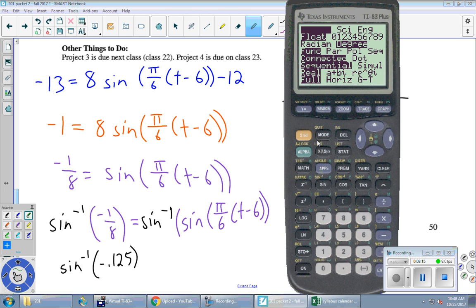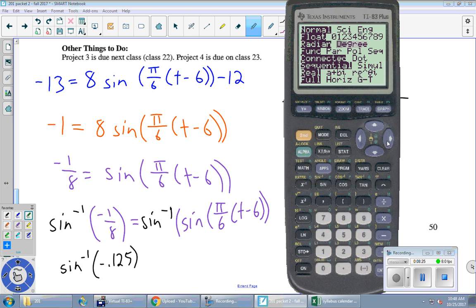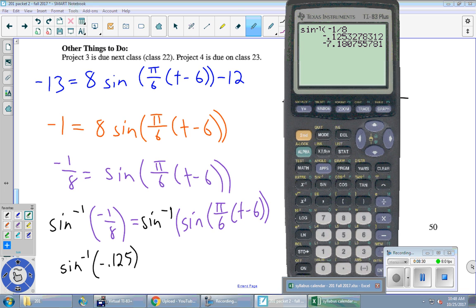I need to be in the right mode, and we are not. It's really easy to miss that. The calculator is going to give you a messy number regardless of what mode you're in. If you're not on the ball, I can't really tell that one of them is wrong. They both look like the same amount of messiness, but the bottom one is a degree angle, and the top one is the one that we want.